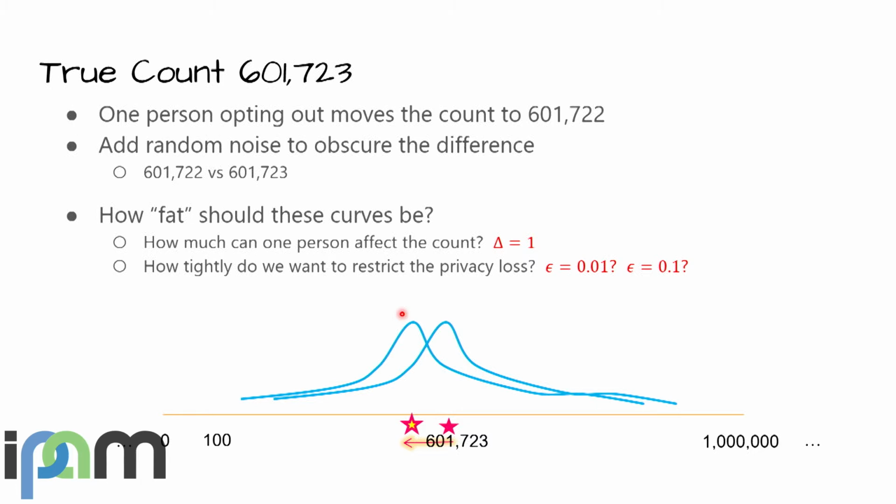One of them is called the sensitivity of the counting query. Sensitivity is not an emotional issue. It's how much the data of one person can change the outcome of the function. If I look at two adjacent data sets, by how much will the function differ, in the worst case over all pairs of adjacent data sets?